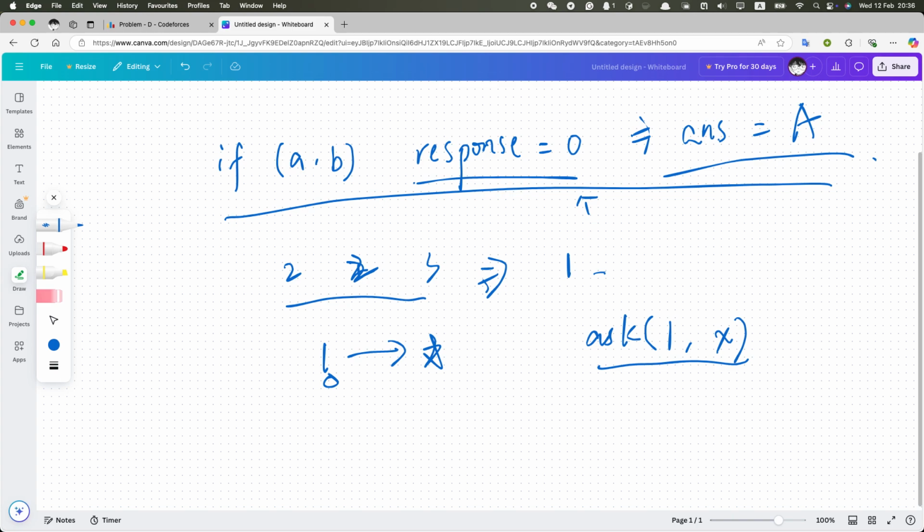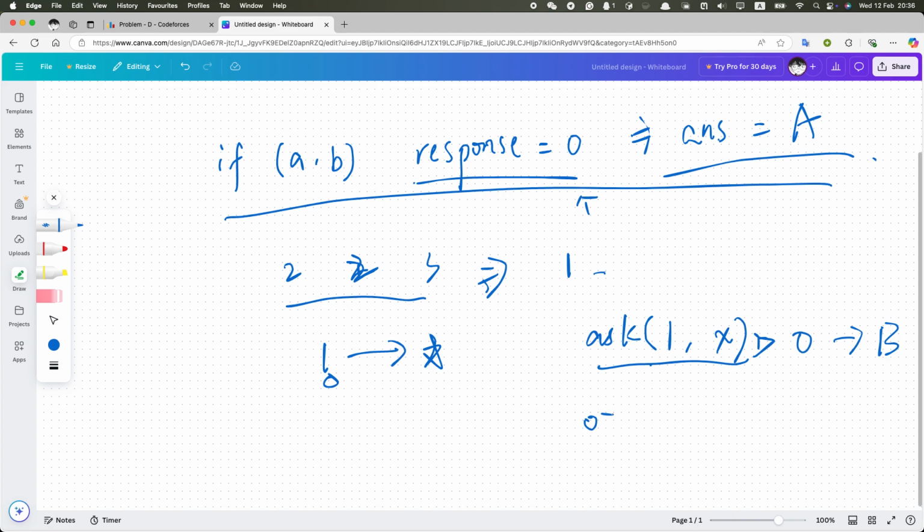So if we ask 1 to another number, if the response is bigger than 0, the answer must be B.